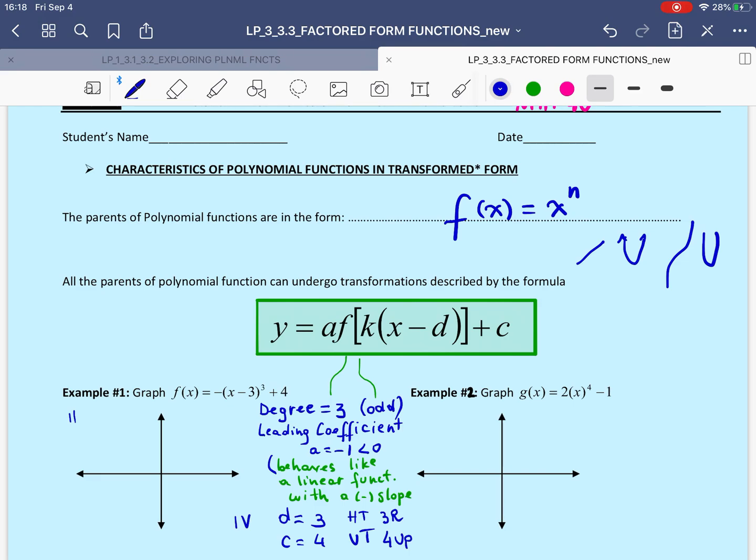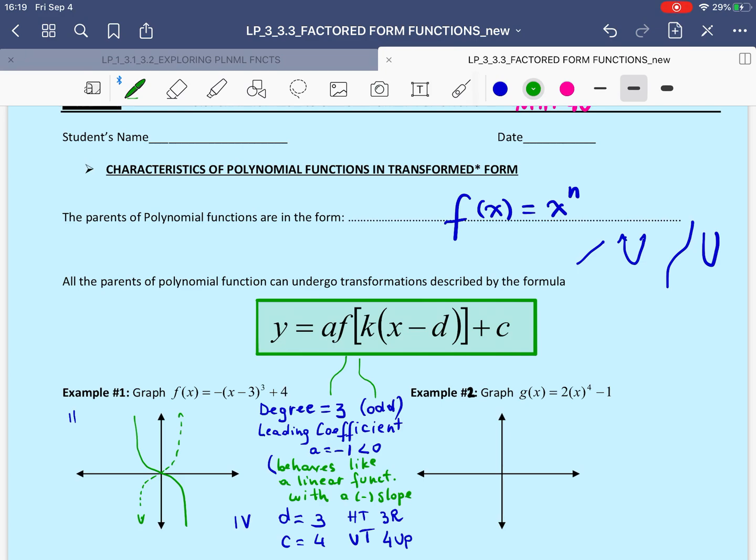So if we were to graph x to the power of 3, which I will draw here with a broken line, it will look like this. Now, since the leading coefficient is negative, then the graph will start from quadrant 2 and end in quadrant 4.